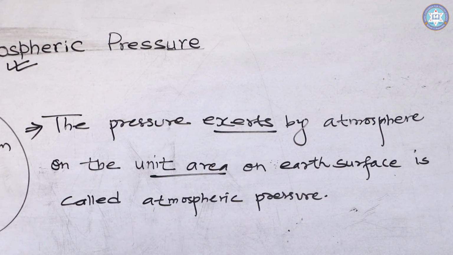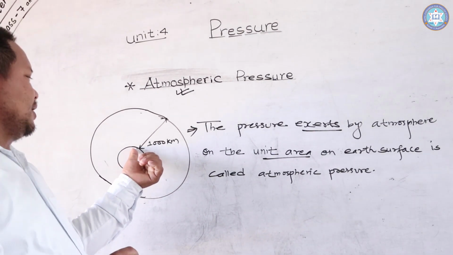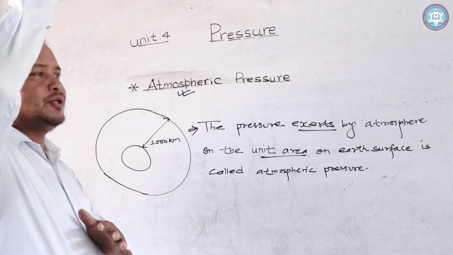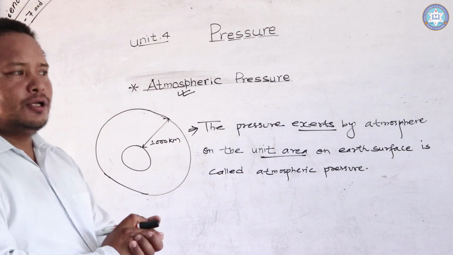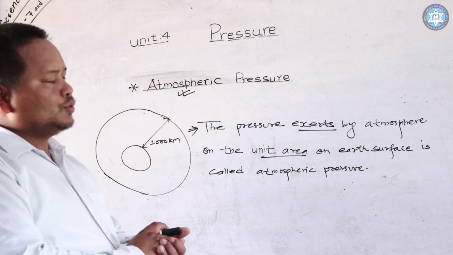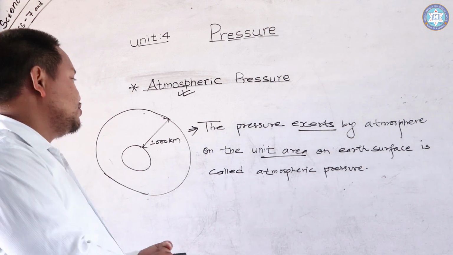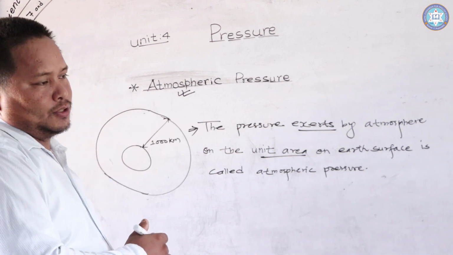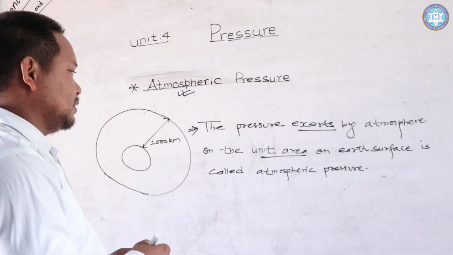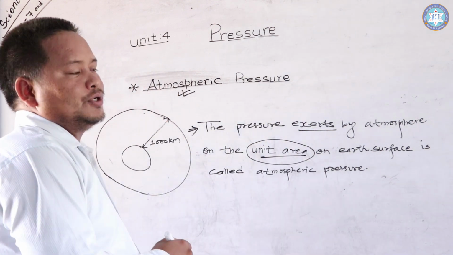Now, you know, I already said up to 1,000 kilometer height the air is located, so it is such a huge area and huge amount of air it consists, so it gives more pressure, more force on the surface having unit area.